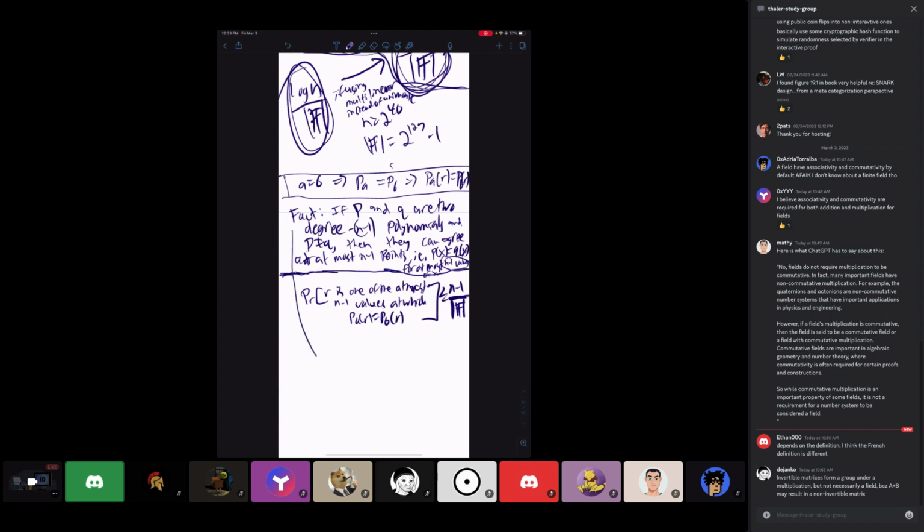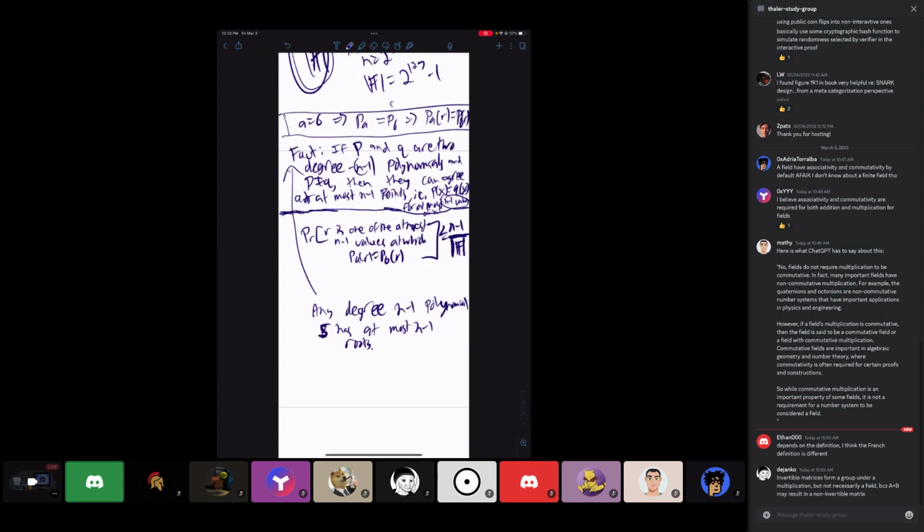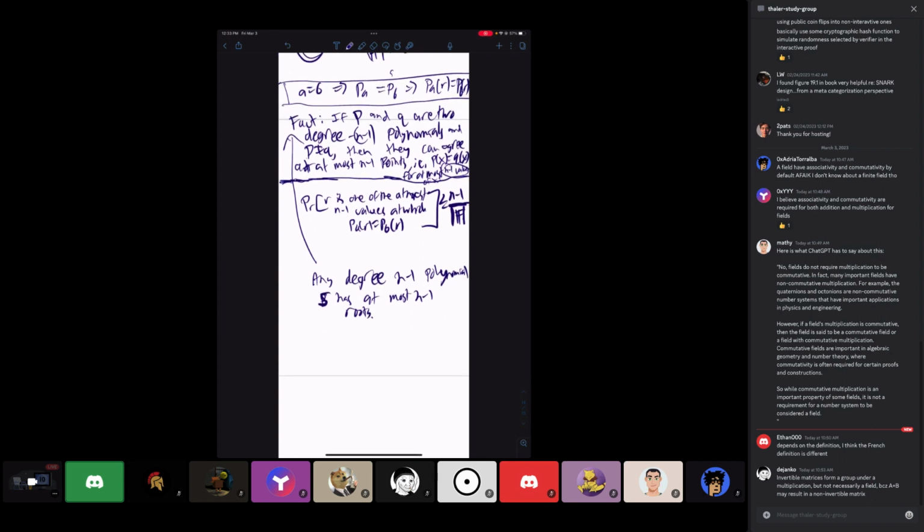This fact is just a reformulation of the fact that any degree n-1 polynomial has at most n-1 roots. Maybe I'll call this polynomial, let me give it a different name, S. So this is probably a fact that you learned in algebra 2 or something, middle school or high school.